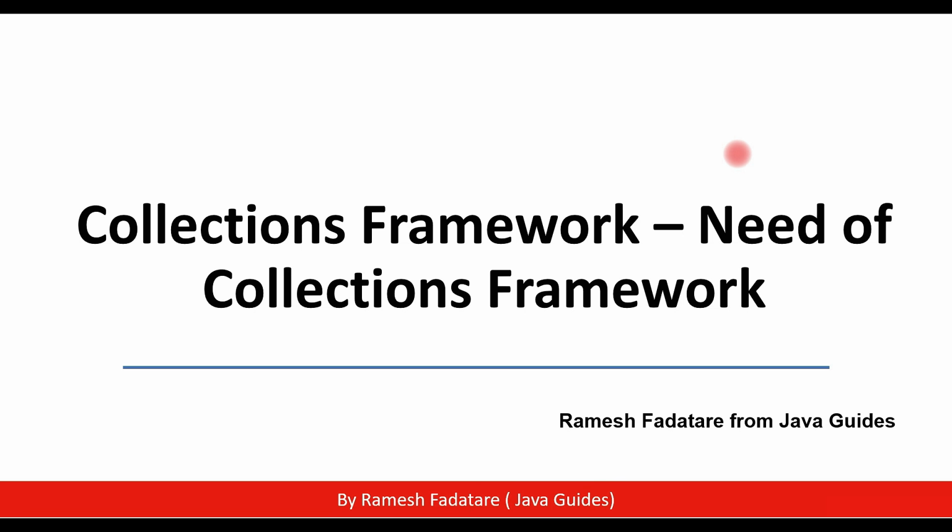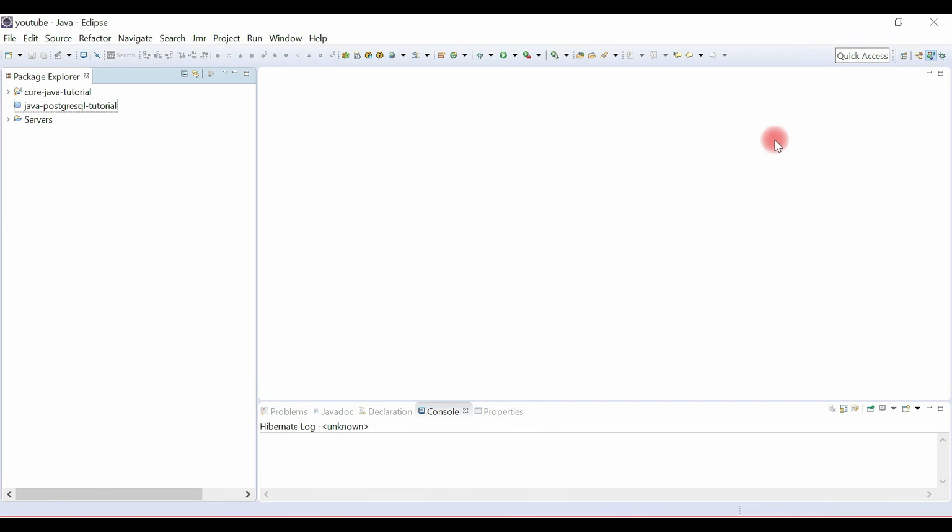Let me switch to the Eclipse IDE, create a new Java project, and create an example to demonstrate why we need a collections framework. I am in Eclipse IDE and I am going to create a new Java project.